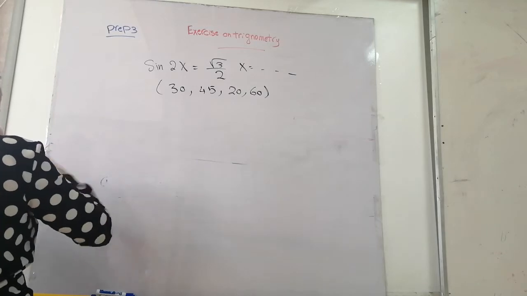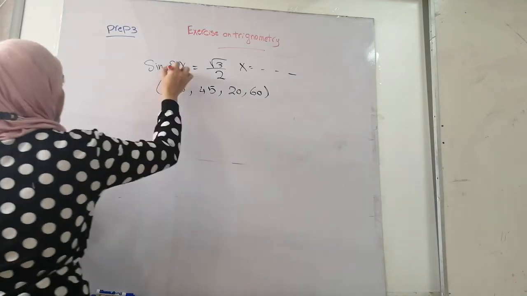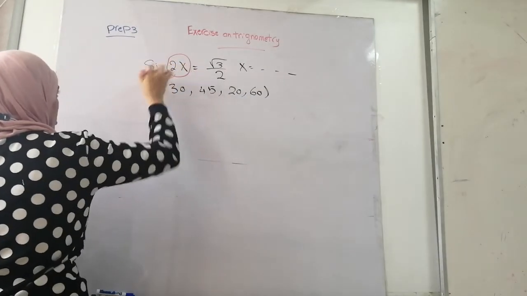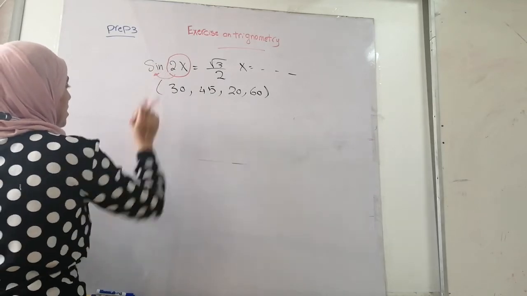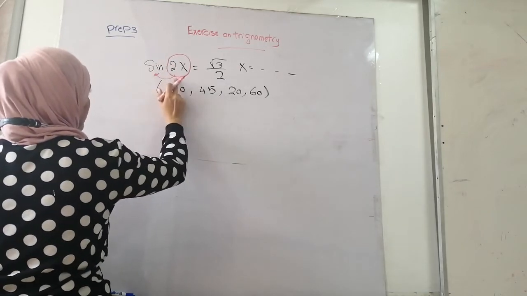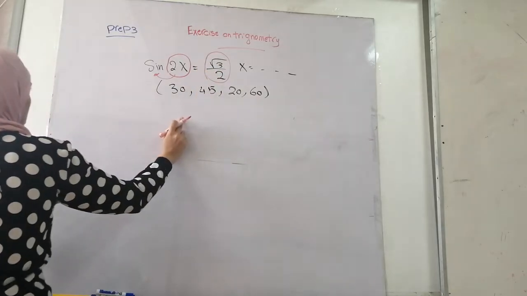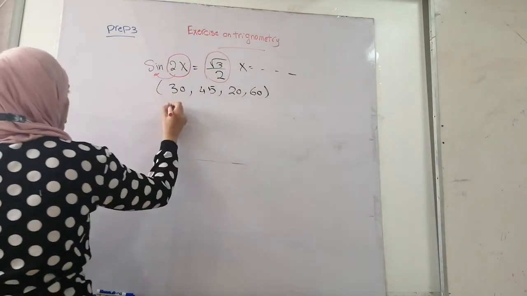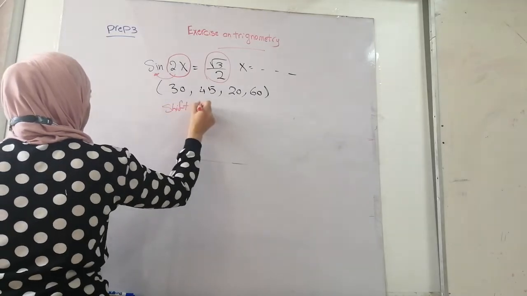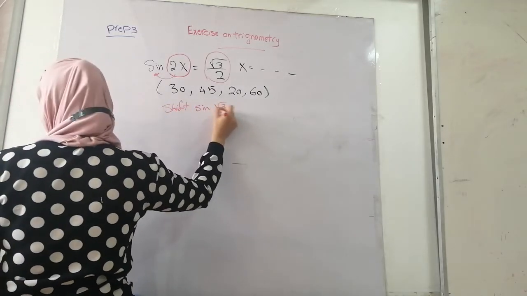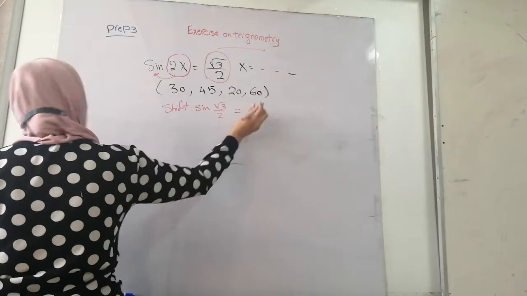Here the unknown is inside the sine, it's an angle. What shall I do? I press shift sine of root 3 over 2. The answer will be equal to 60.